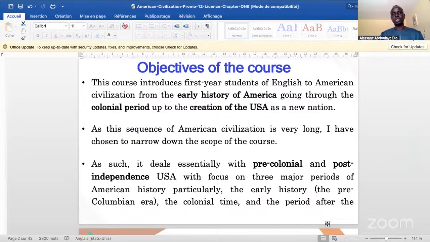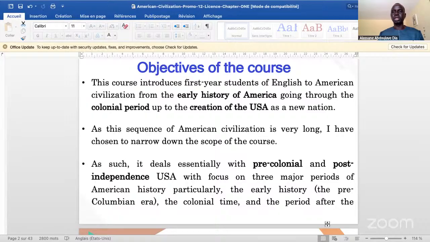In terms of course description, it is a course that introduces you, as first-year students of English, to American civilization. American civilization is very large, but this course is going to introduce you to American civilization from the early history of America, going through the colonial period up to the creation of the USA as a new nation.